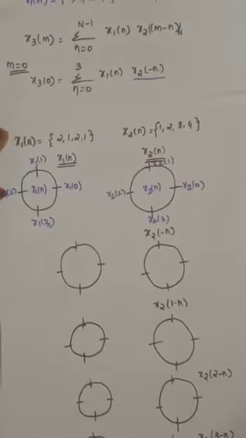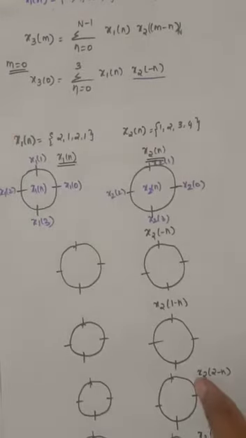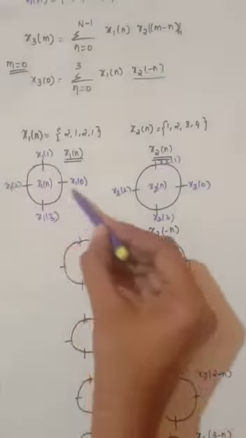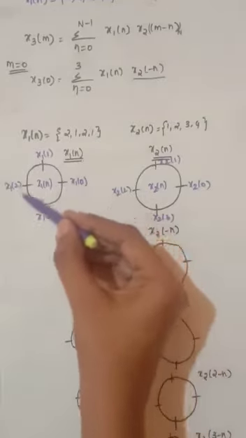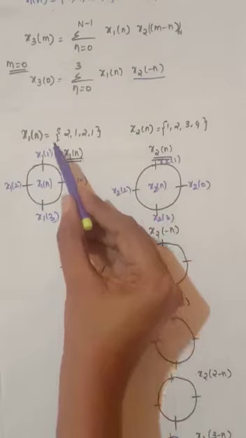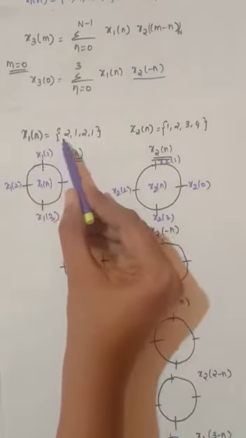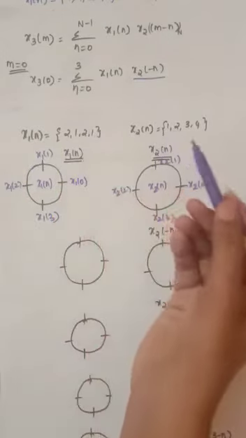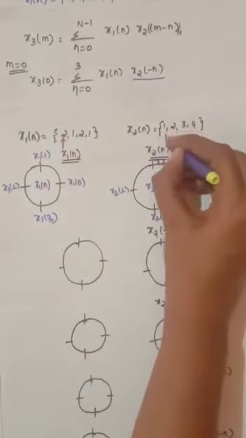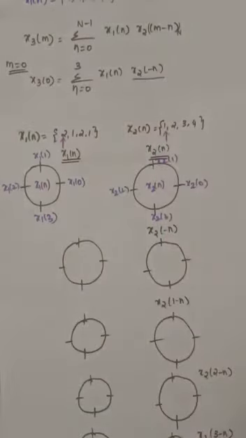We already know that in linear convolution we use the graphical method for plotting the input sequences. Here, for circular convolution, you are going to represent the sequences using a circular form. First consider x1 of n is equal to 2, 1, 2, 1. Here the origin of the sequence is not mentioned, so we consider the first value as the value at the origin.